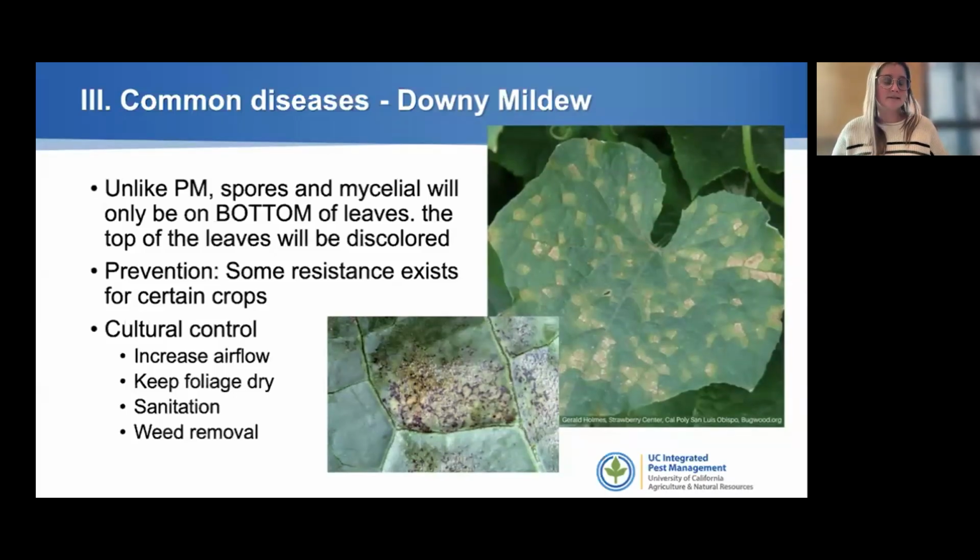Sanitation, removing diseased leaves and cleaning up after can also help keep that inoculum source down. And some downy mildews, if you have weeds that are closely related nearby, say brassicas, and you have mustards nearby, they can serve as reservoirs. So you want to remove those.